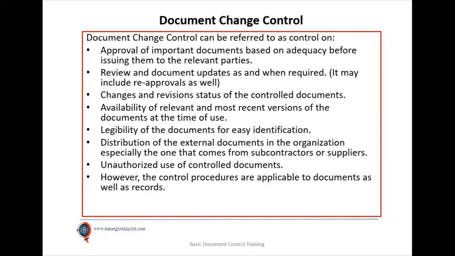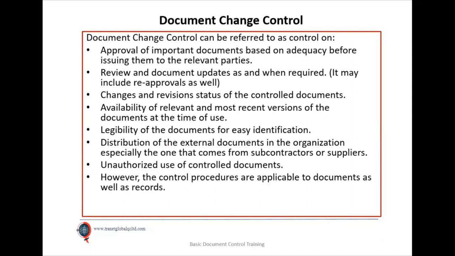Document change control can be referred to as a control on approval of important documents based on adequacy before issuing them to relevant parties. Review and document updates as and when required. It may include pre-approvals as well. Changes and revision status of the controlled documents. Availability of relevant and most recent versions of the document at the time of use.